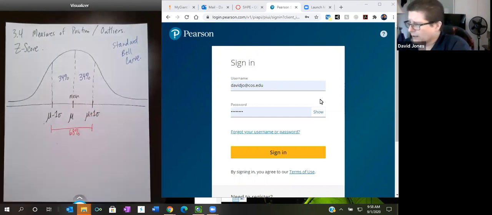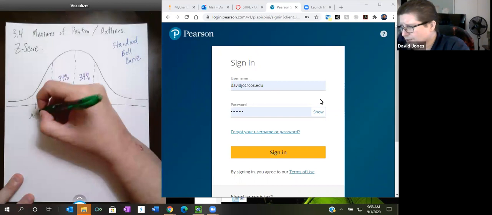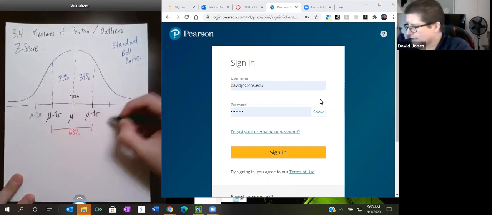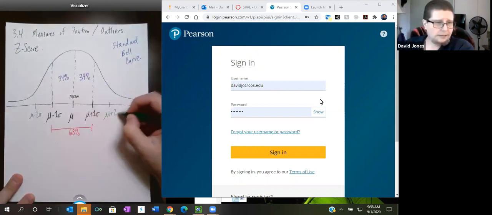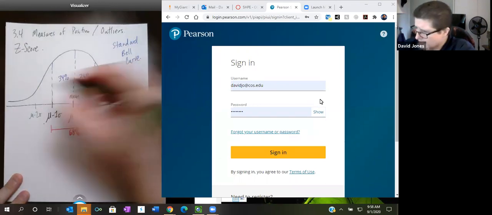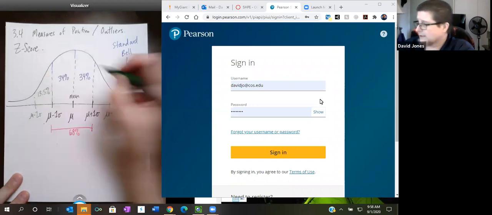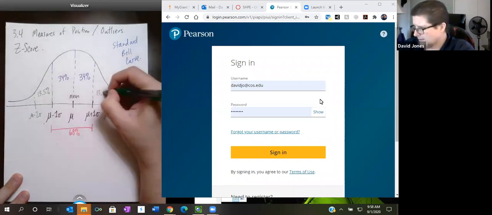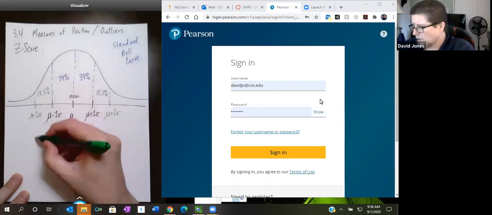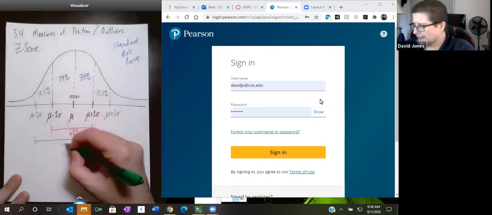And if I go out another deviation, mu minus 2 sigma or mu plus 2 sigma, each one of these regions is another approximately 13.5%, which makes this approximately 95%.